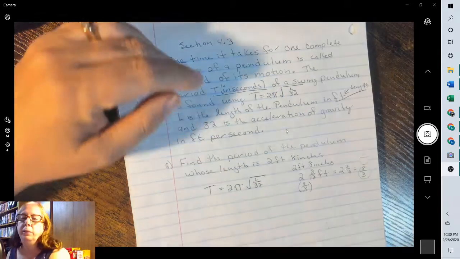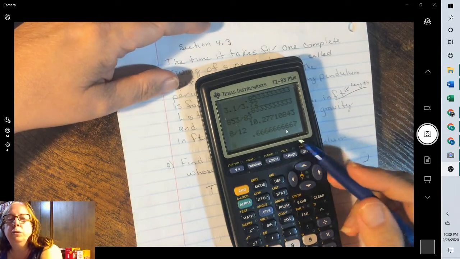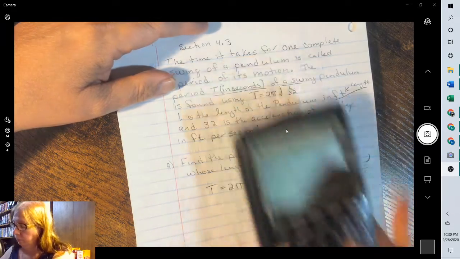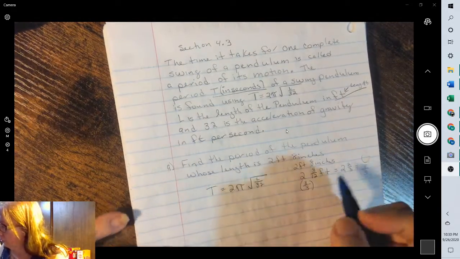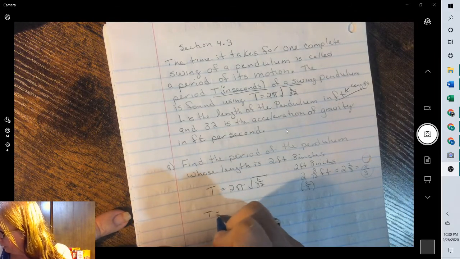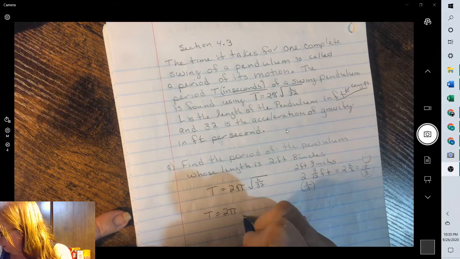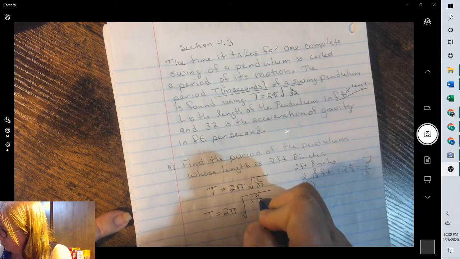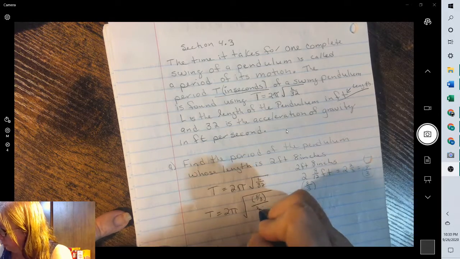You don't want to use a decimal because you shouldn't round until the very end. So plugging in, this is the length that goes in for L. So we have T equals 2 pi, the square root of 8/3 divided by 32.